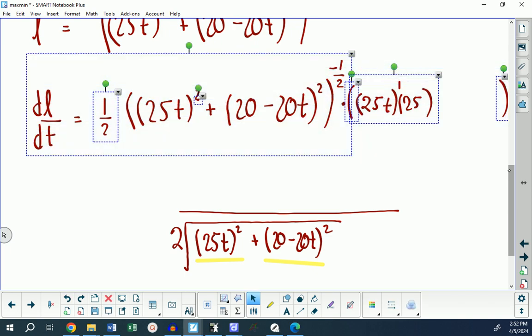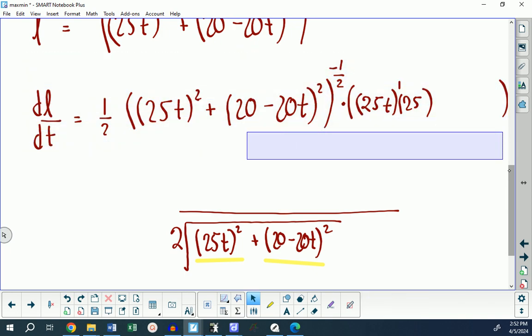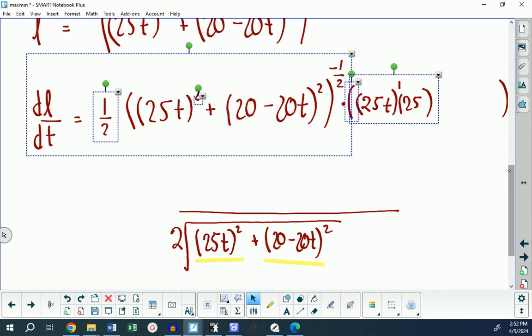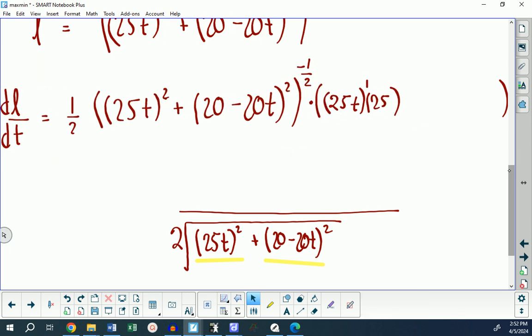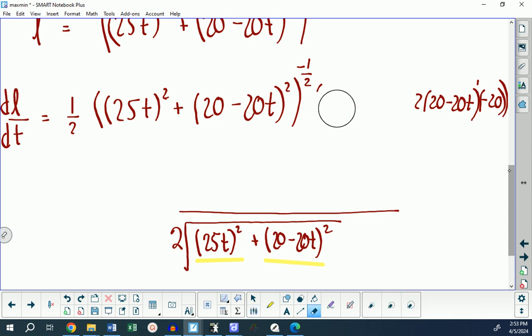And then plus 2 times 20 minus 20t to the 1 times negative 20. Yeah. It should be 2 times 25.